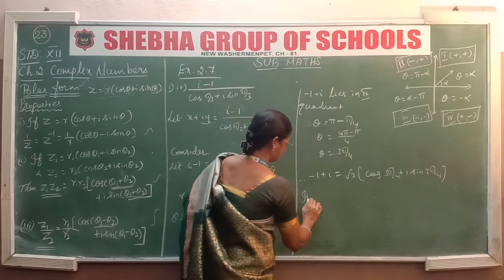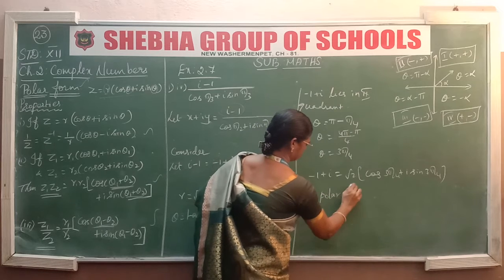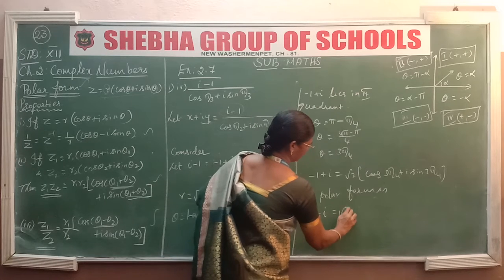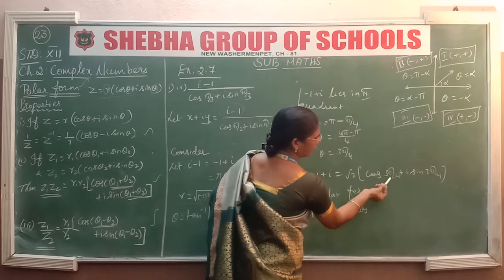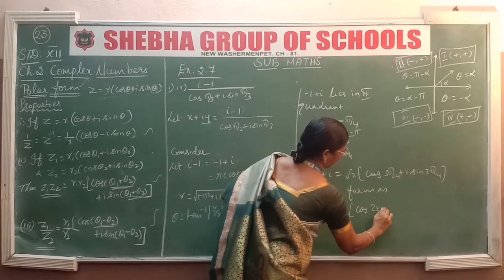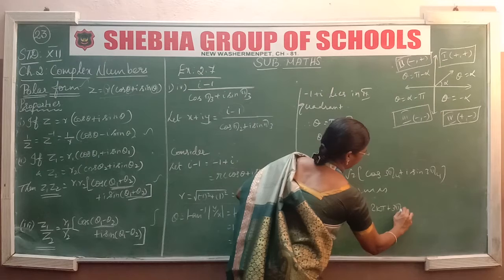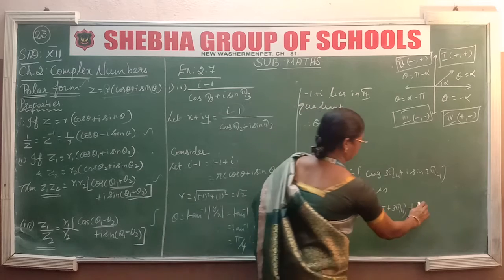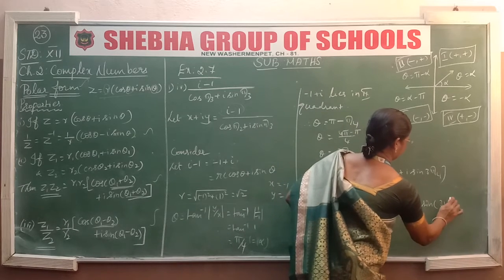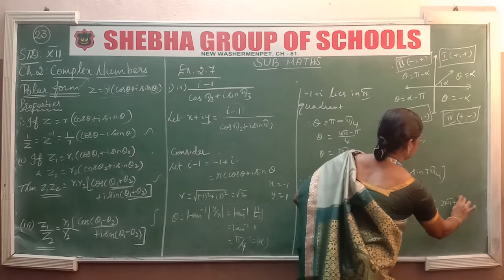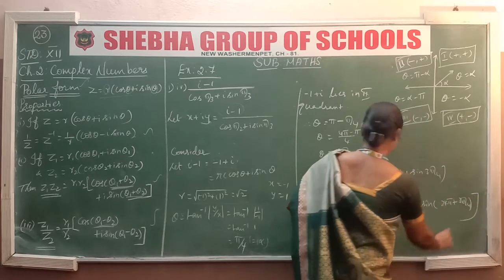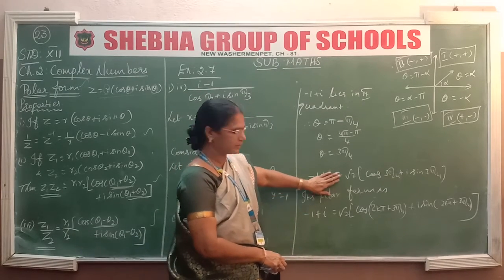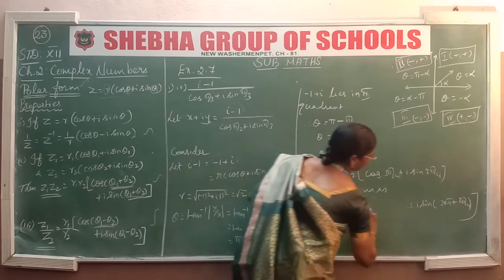And the polar form is minus 1 plus i equal to root 2 into cos of, we have to add 2k pi with this argument, that is 2k pi plus 3 pi by 4, plus i sin of 2k pi plus 3 pi by 4. Listen, this is the polar form of this, but don't write here, we write it in the last.